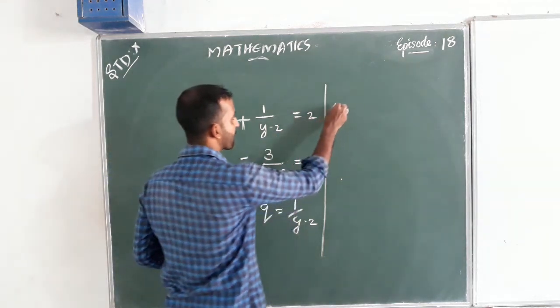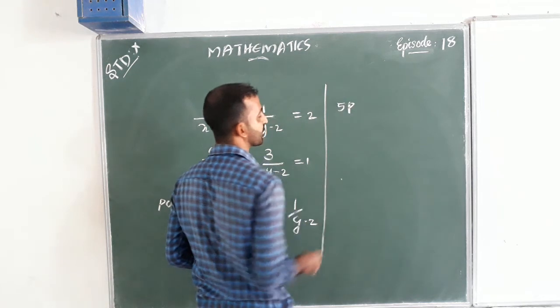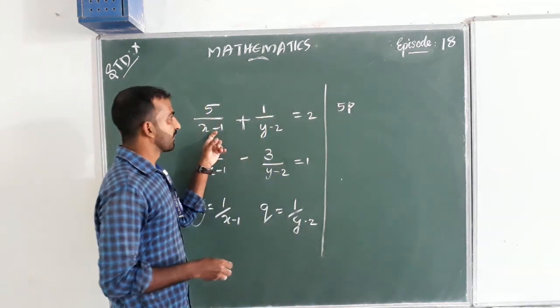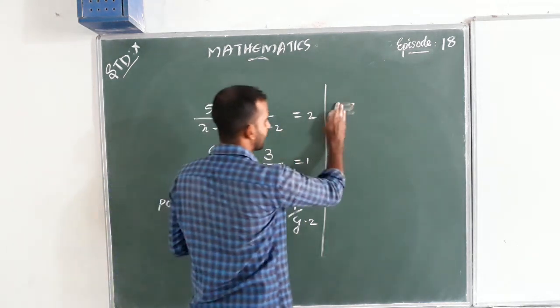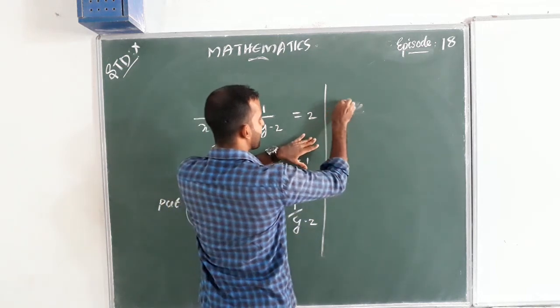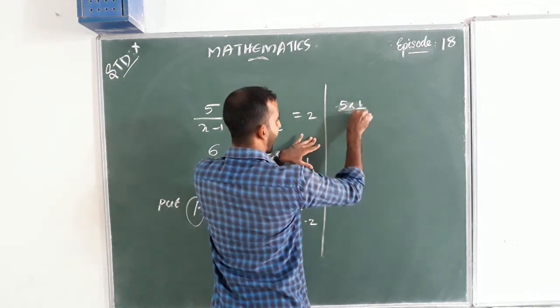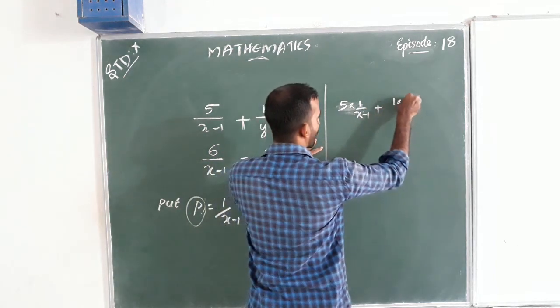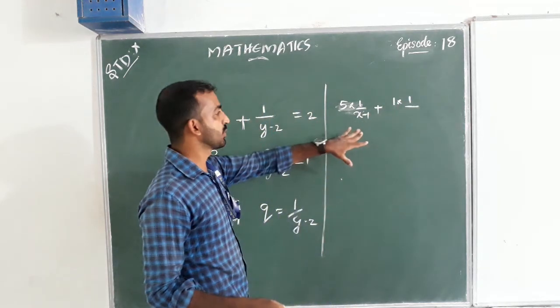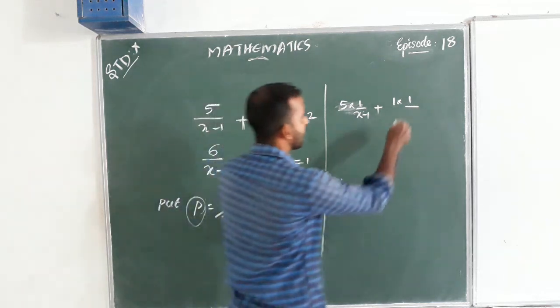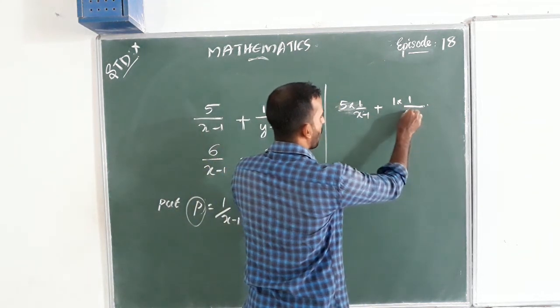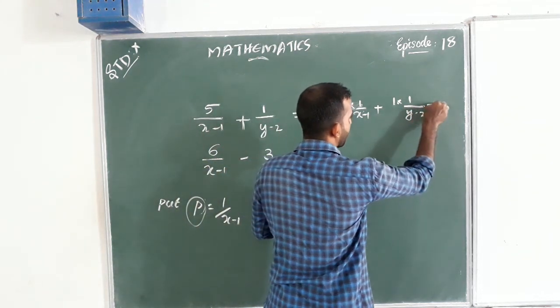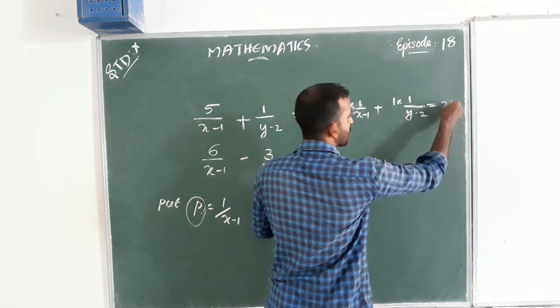The first equation: 5 into 1 by x minus 1 plus 1 into 1 by y minus 2 equal to 2.